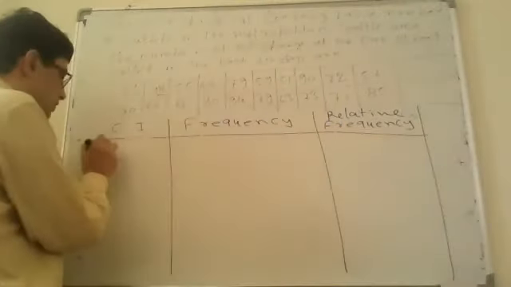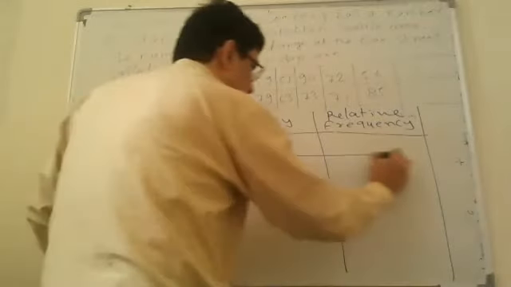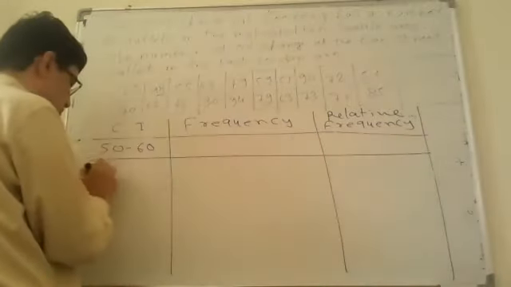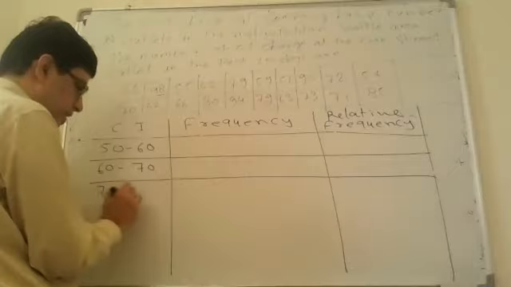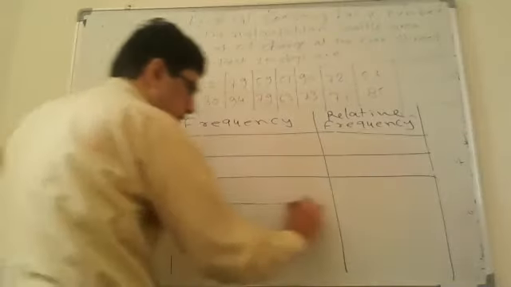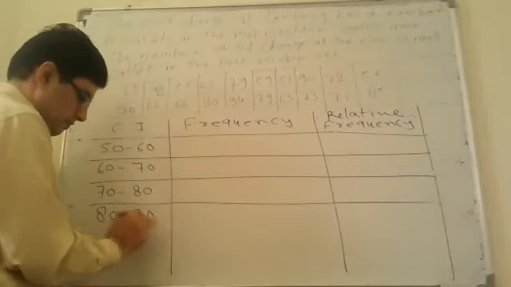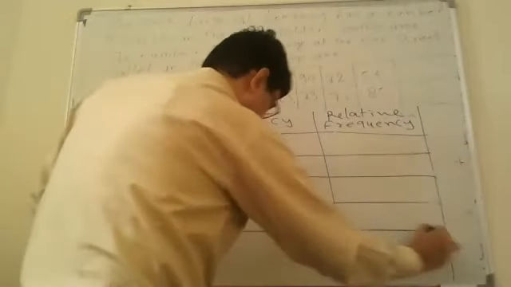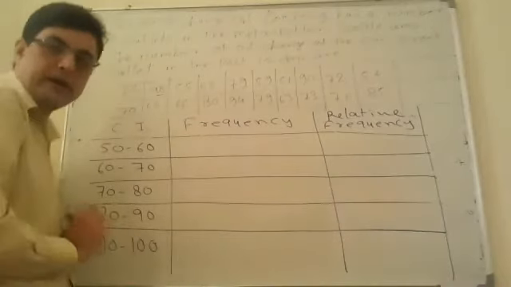The first class interval is 50 to 60. 60 to 70, the second one. 70 to 80, the third one. 80 to 90. And 90 to 100.